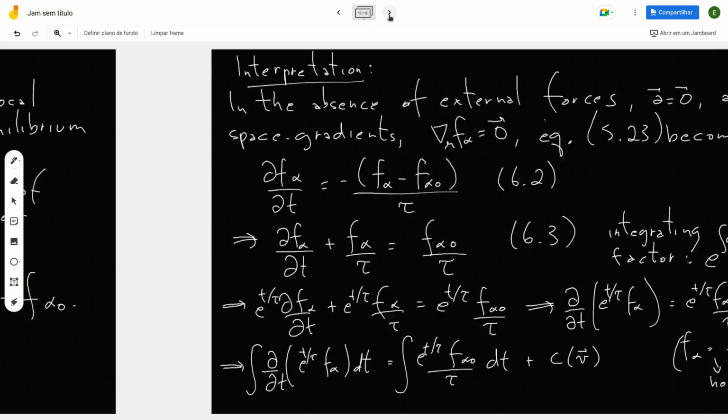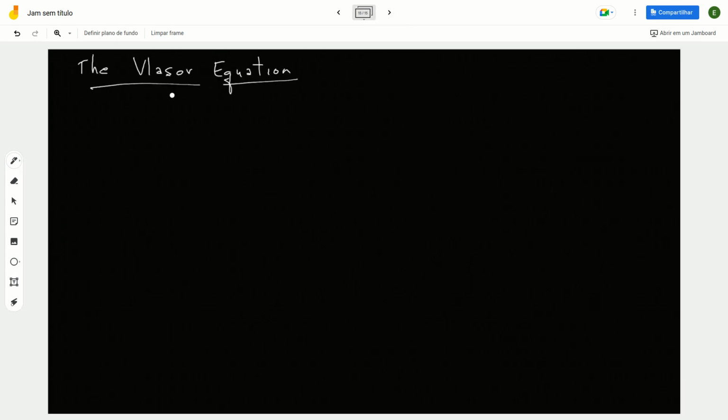Using a equal to F over mass in the equation, we're no longer considering collisions, all right? So forget about collisions now.